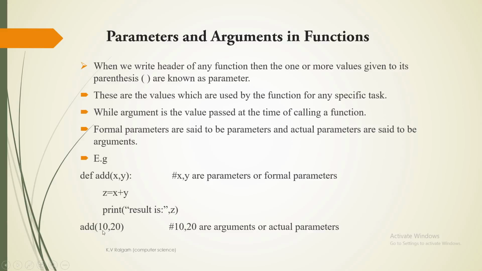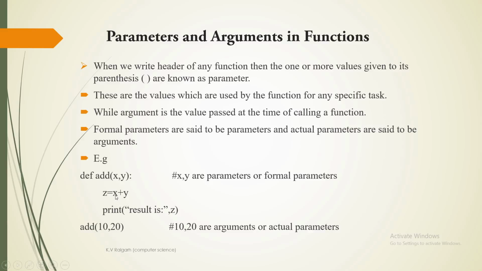So I already told you that an argument is a value, variable or expression that we pass at the time of calling a function. So here I am calling a function and passing some values, that is 10 and 20. According to the position, 10 will be assigned to x and 20 will be assigned to y.